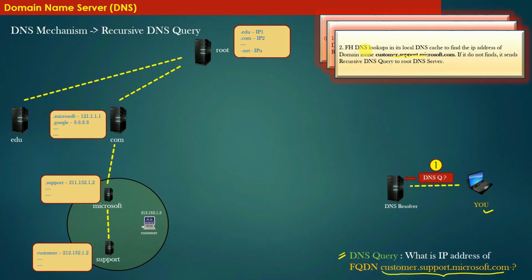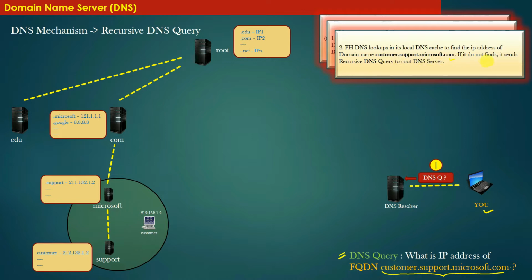So going forward, once the DNS resolver receives this DNS query, what is the next step? The first hop DNS server, that is your DNS resolver, looks up in its local DNS cache to find the IP address of domain name customer.support.microsoft.com. Right? So we assume that it is for the first time that the DNS resolver has received the DNS query for this fully qualified domain name. It means that in its DNS cache, it will not find the IP address of this fully qualified domain name.